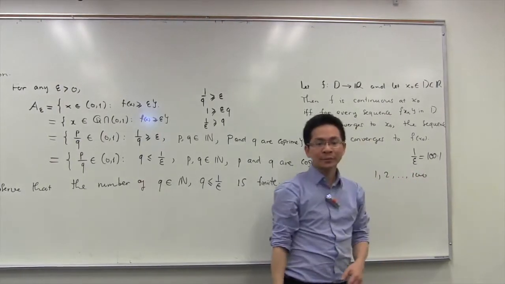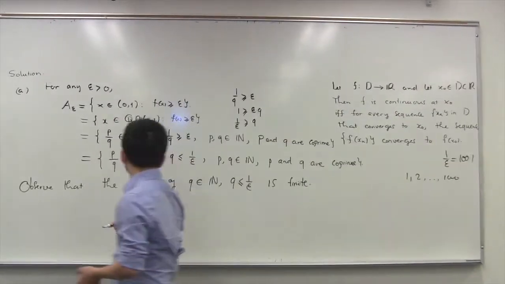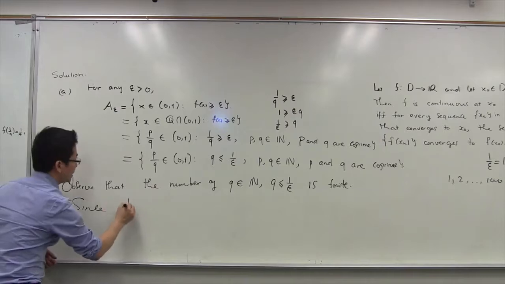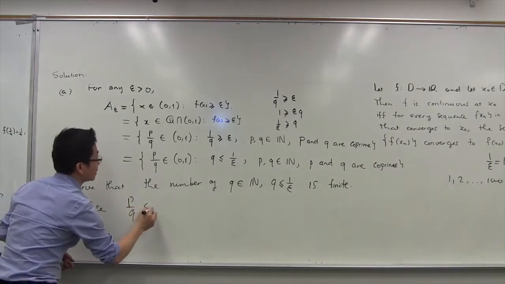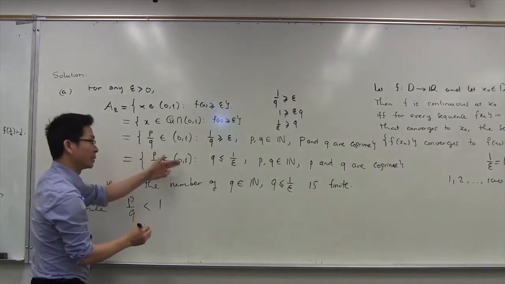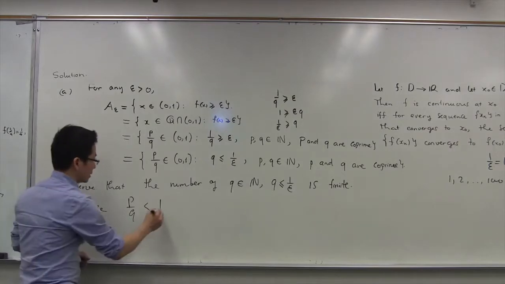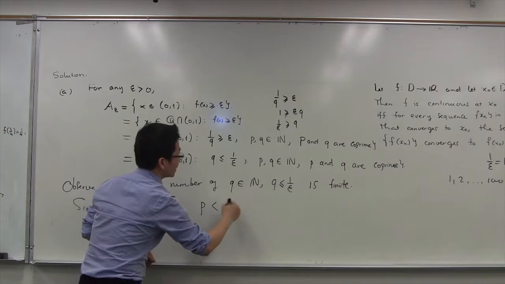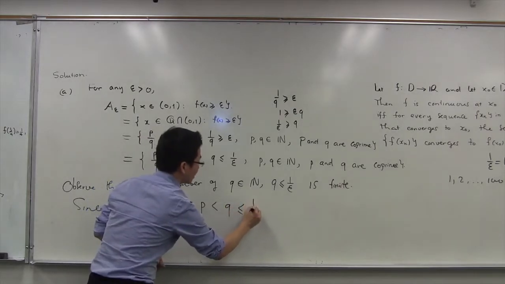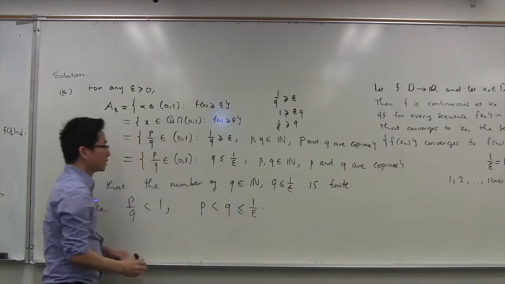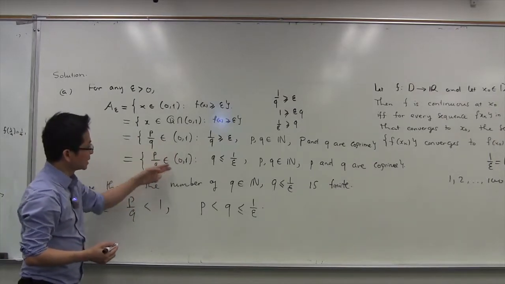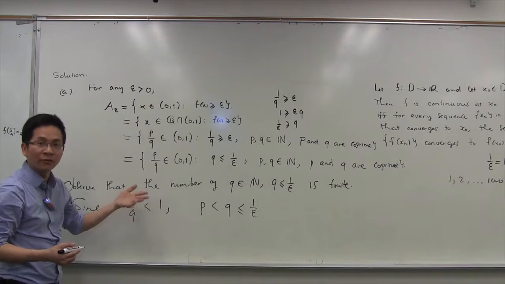They are 1, 2, up to 100. And also, p over q is less than 1 because p over q is in the interval (0, 1). We see that p is less than q and less than or equal to 1 over epsilon. So the number of q such that this condition is satisfied is also finite.